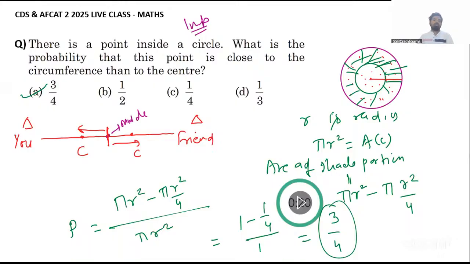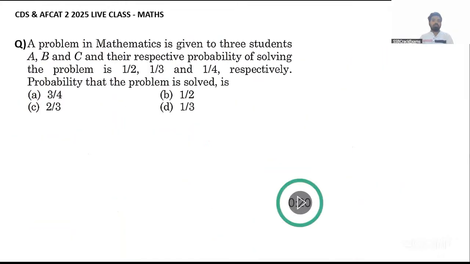Now let's move on to another question. A problem in mathematics is given to 3 students, A, B, and C, and their respective probabilities of solving the problem are 1 by 2, 1 by 3, and 1 by 4. We need to find the probability that the problem has been solved by either one student or two students or all of them.